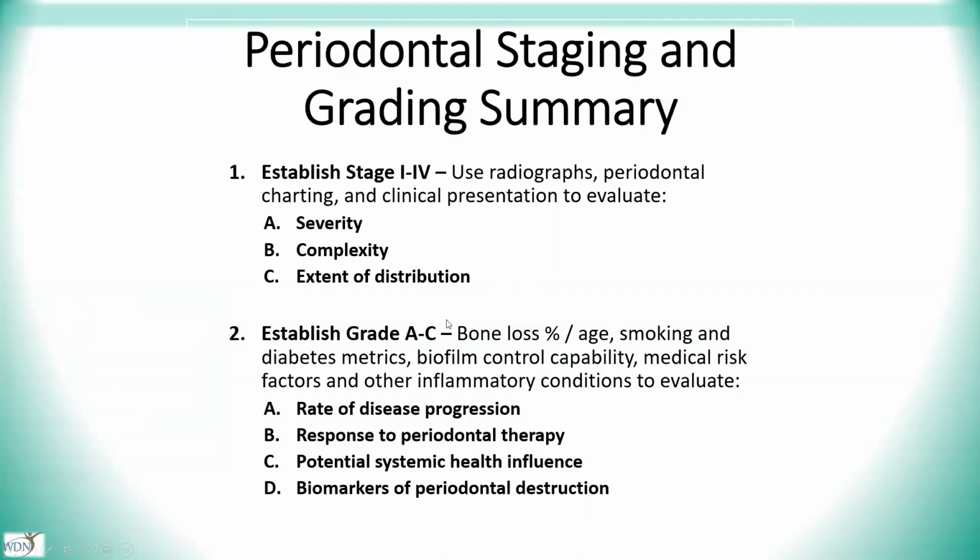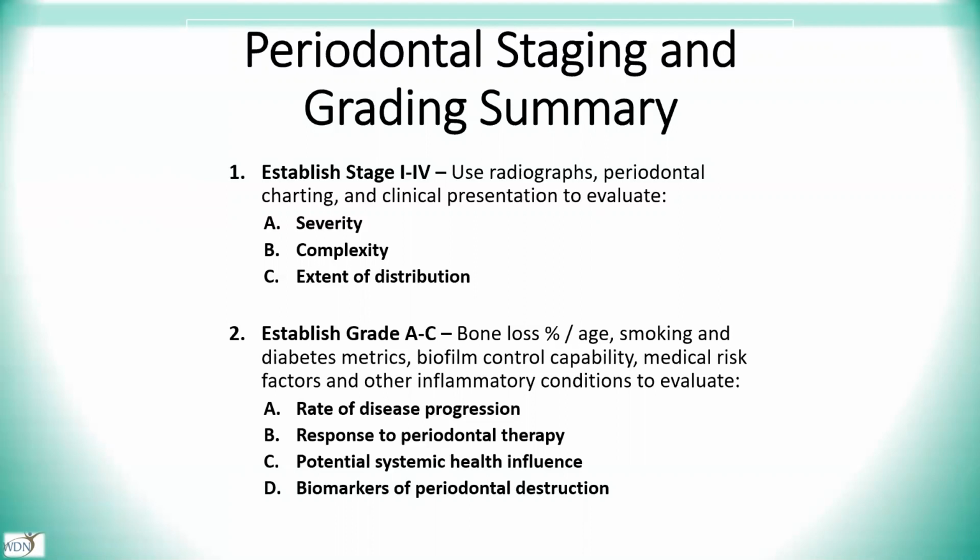And then our grade A, B, and C. We're going to base it on radiographic bone loss. We're going to base it on the percent of bone loss divided by their age. We're going to take into consideration, do they smoke? How about the metrics of diabetes? Their ability to control biofilm is going to help establish that grade.